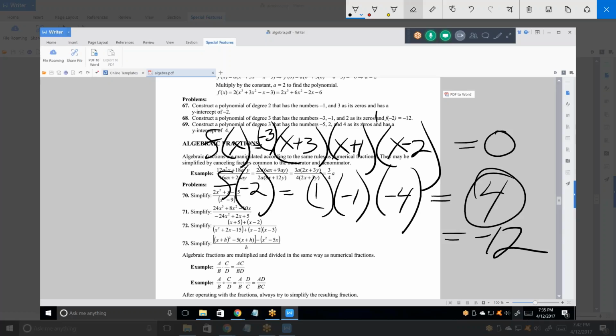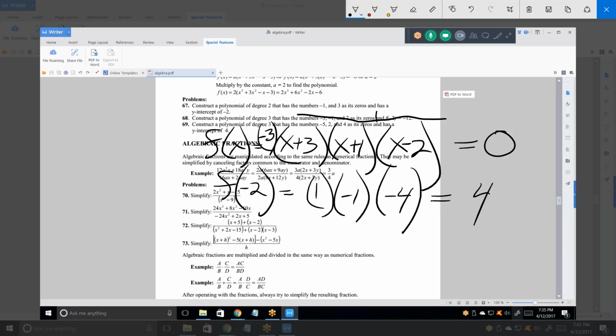So I don't actually need to multiply this whole thing out like they did in their example. All I have to do is figure out what f of minus 2 is with my basic polynomial. And if that comes out to be 4, which it did, then I've got to multiply my polynomial by minus 3.